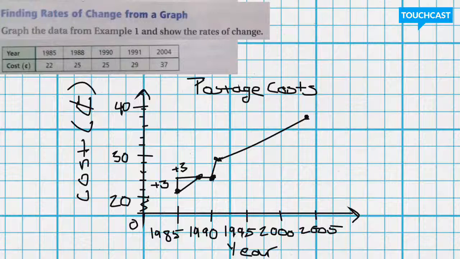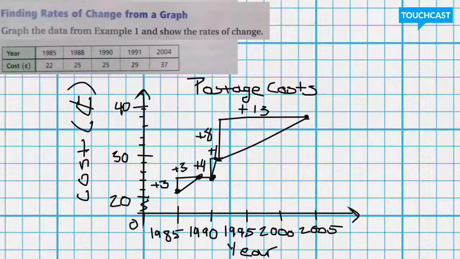But we did increase 4 cents from 1990 to 1991. And then finally, we increased 8 cents over 13 years between 1991 and 2004. So we have graphed the data and we have visually shown the rates of change.